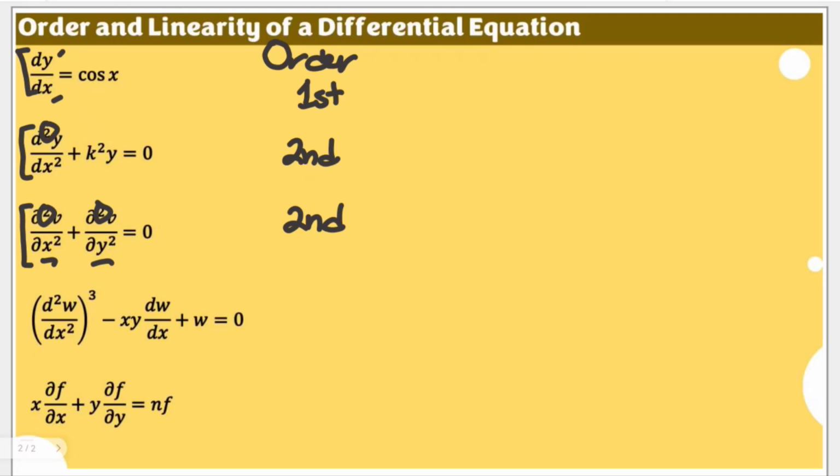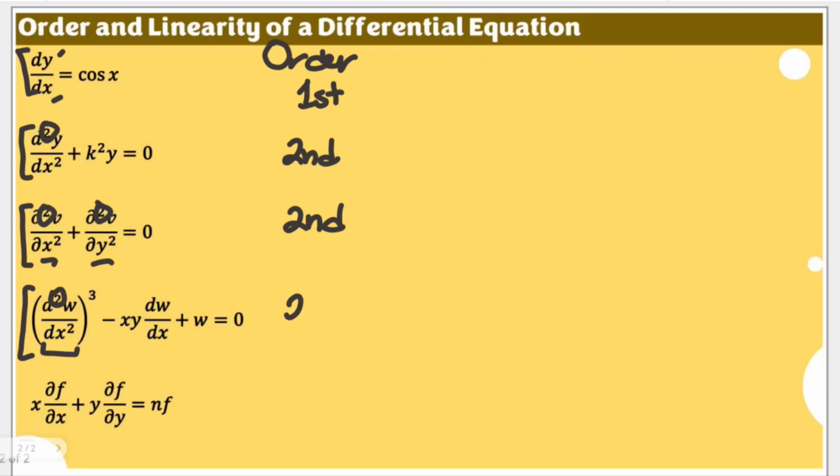Now how about our fourth example here? Take note that the first expression or term is raised to the cube, but this will not affect the order of a specific differential equation. When you look at this one here, it's still second order. The exponentiation will not work, just like here, thinking that it would become 2 raised to 3, so it would become 6.